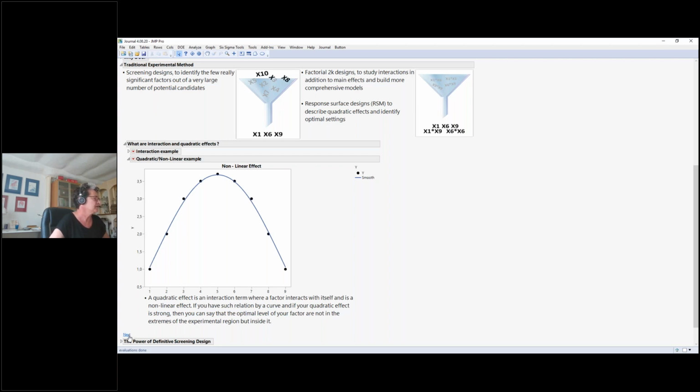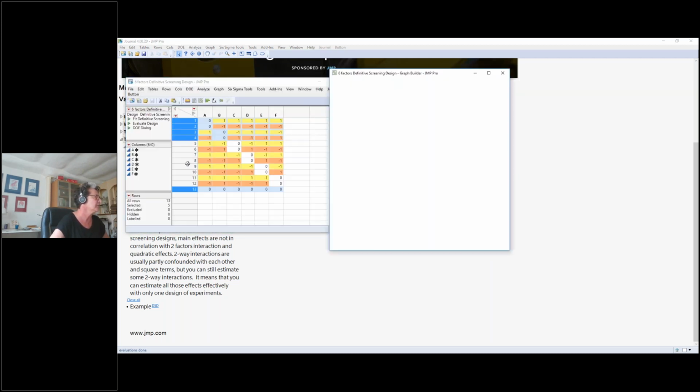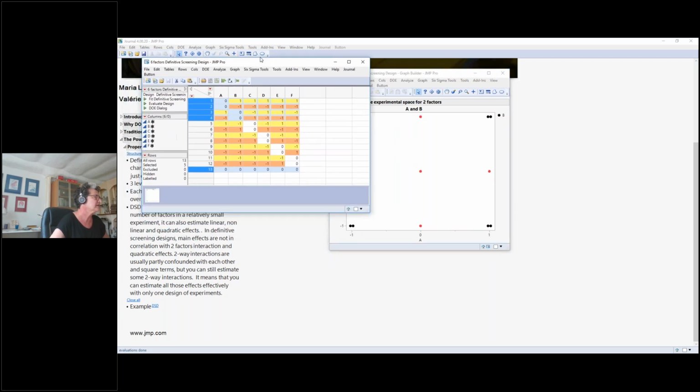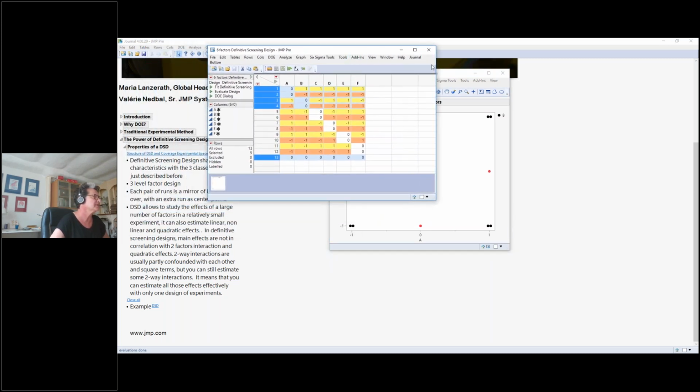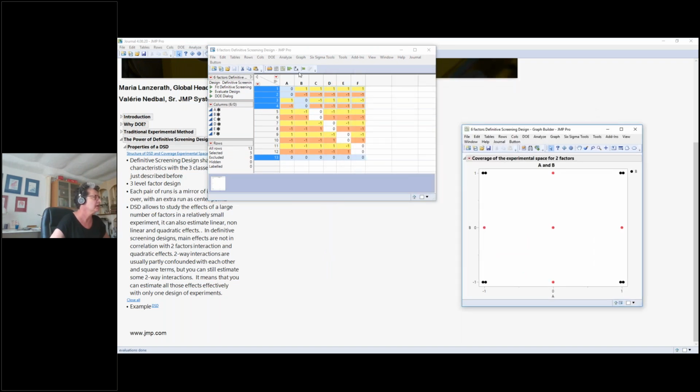So having those different terms or effects in mind, this is where really the beauty of the definitive screening designs is. Let me introduce again what definitive screening designs, or DSD, are. Here I have an example where I can explain the properties of those designs.